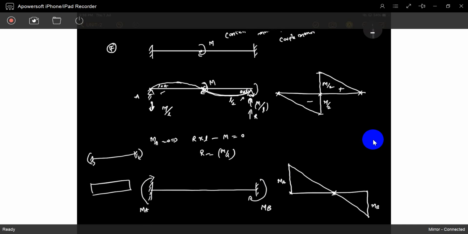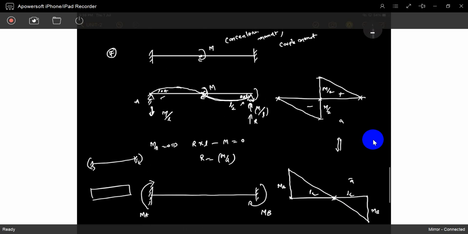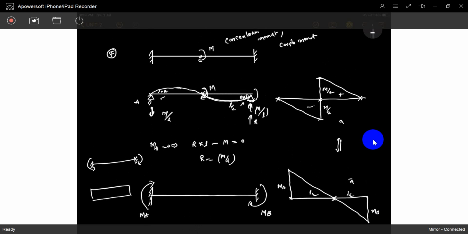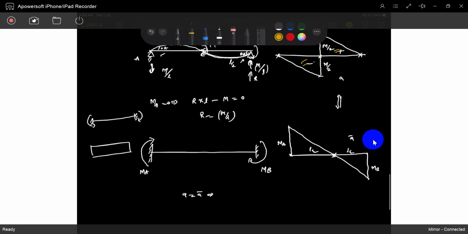We already know this area is equal to this area. Total area, if you club it, A is equal to A. But if you observe, this portion is equal to this portion, so this value A is 0.